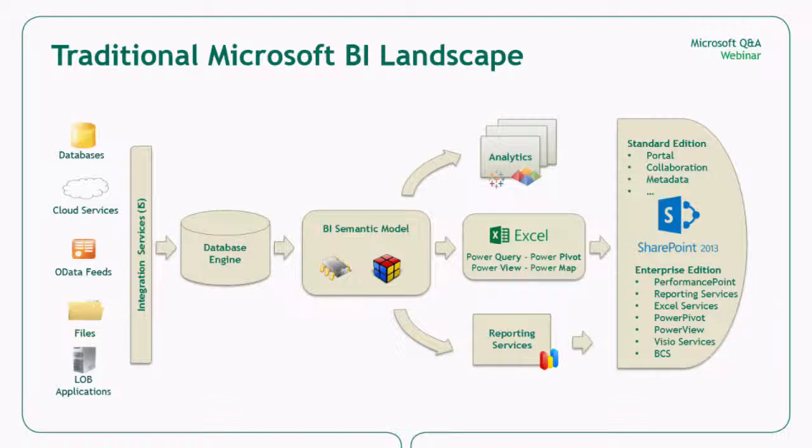And that can then be delivered to users either through reporting services surfaced on SharePoint, through analytics such as Pyramid or Tableau, or through Excel and the Power Pivot, Power Query, Power View, Power Map environment. And all of that is available within this setup and can be seen through SharePoint 2013 or even 2010.